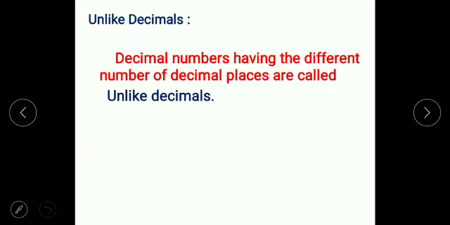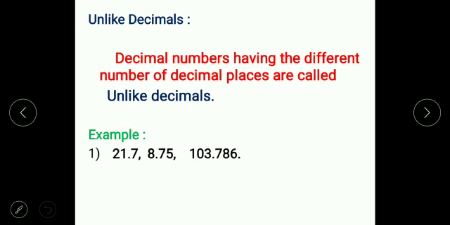Now the next one is unlike decimals. Decimal numbers having a different number of decimal places are called unlike decimals. Now let's see one example. The first example is 21.7, 8.75, 103.786.